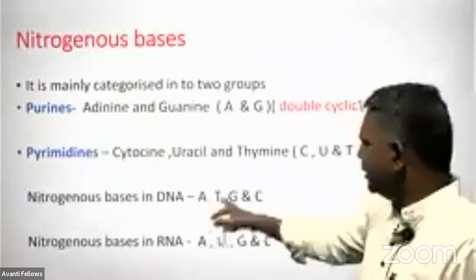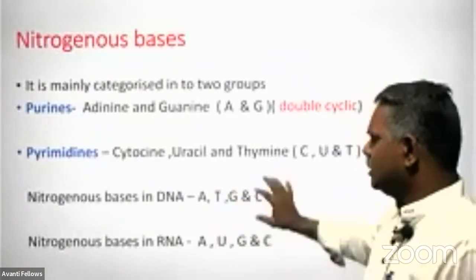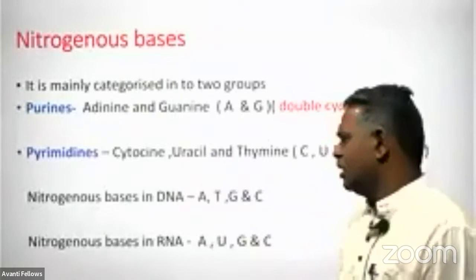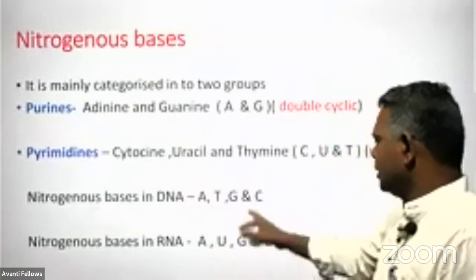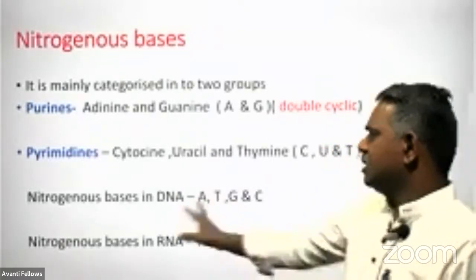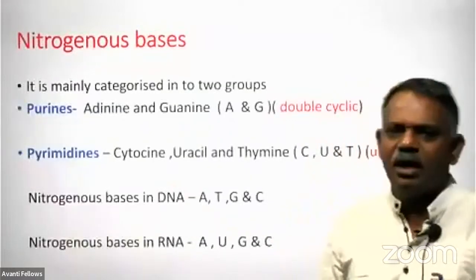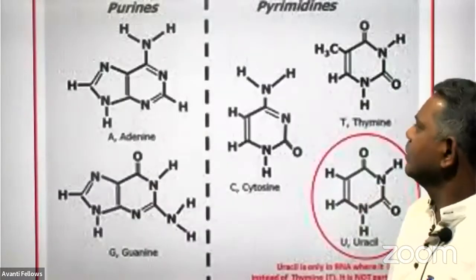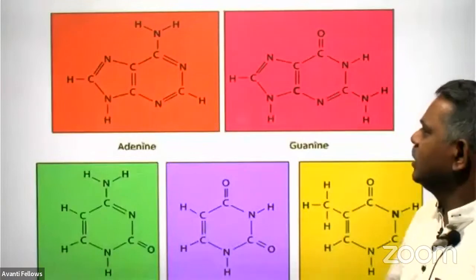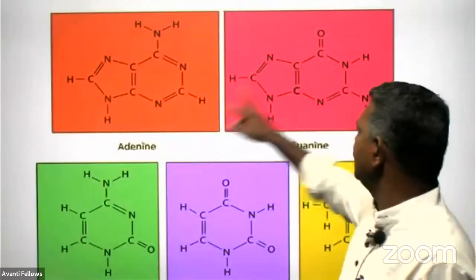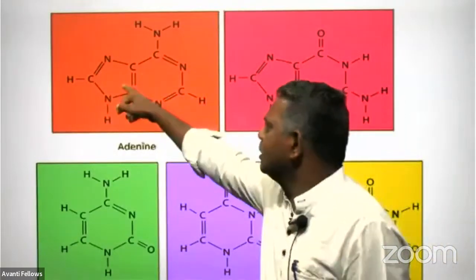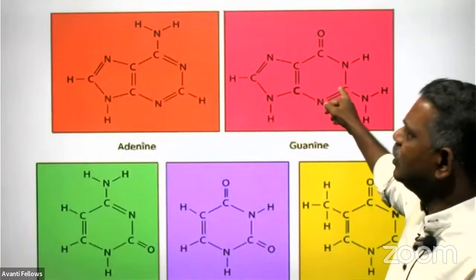Right. Adenine, thymine, guanine, cytosine, these are the nitrogenous bases in DNA, and adenine, uracil, guanine, cytosine, these are the nitrogenous bases present in the RNA. Then same structure: adenine and guanine are double cyclic, purine only.